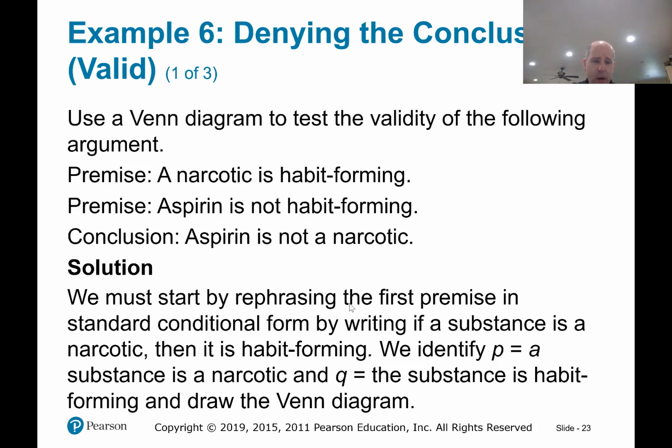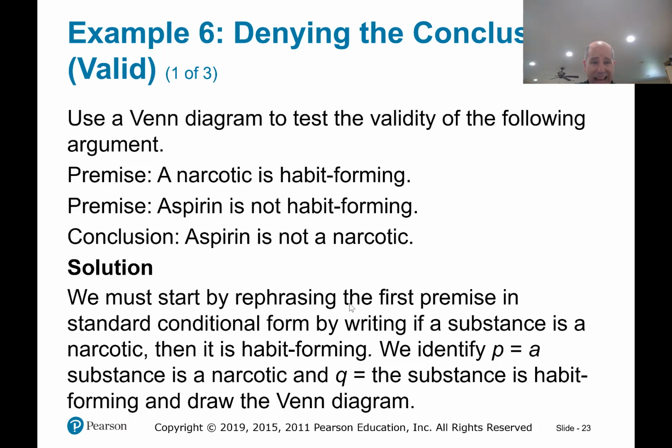So let's represent P as a substance that is a narcotic, and Q is a substance that is habit forming.